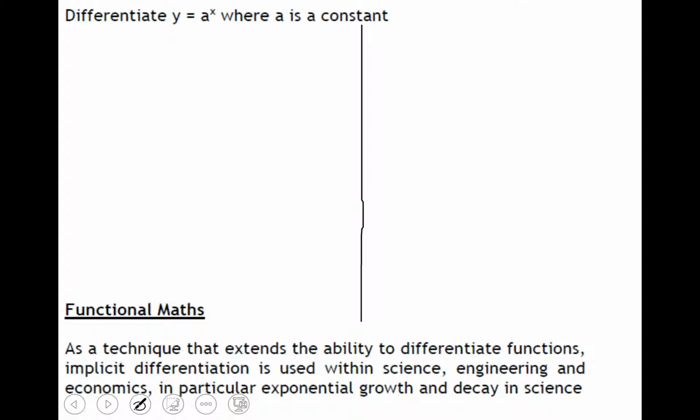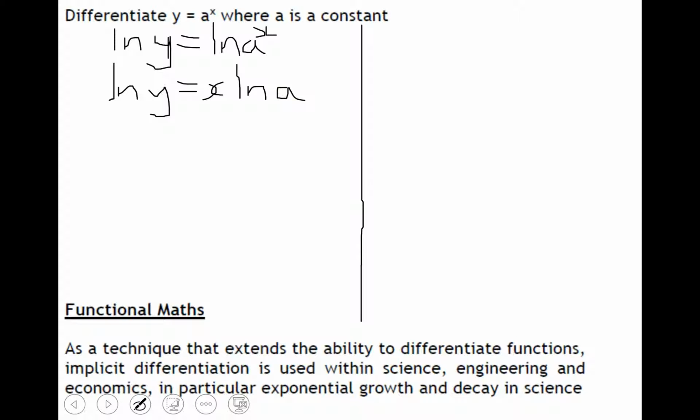So if we take ln of both sides, we get ln y equals ln a to the power of x. Using laws of logarithms, you can take the x to the front and then we can differentiate implicitly.